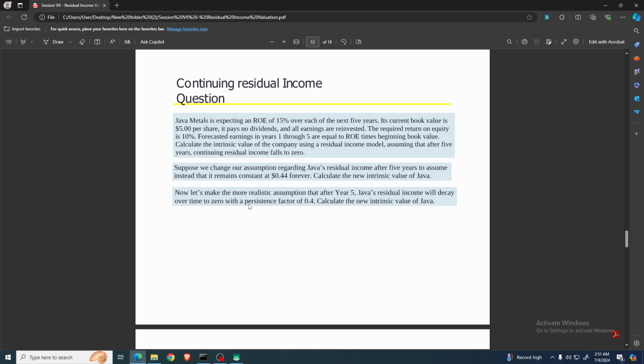So all you can assume is this would take a value either similar or slightly higher than the value that we calculated in our first example, where the residual income falls to 0 after 5 years. Under a more realistic example it's still going to be closer or slightly higher, since this is 5 years. But if we consider a larger period, then the chances are it would be lower than the first scenario.